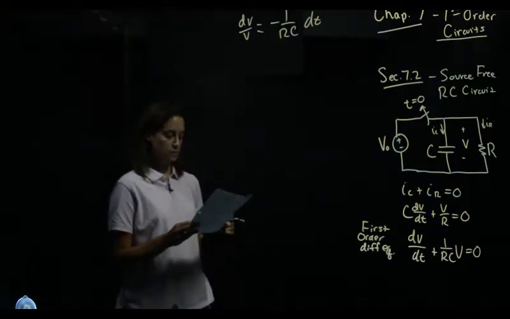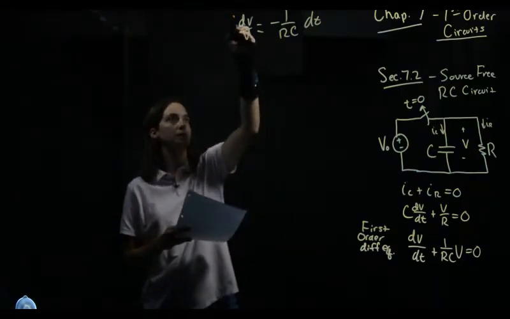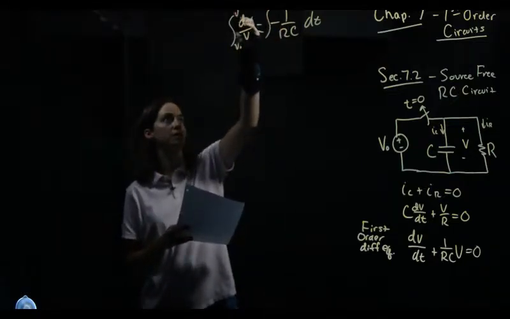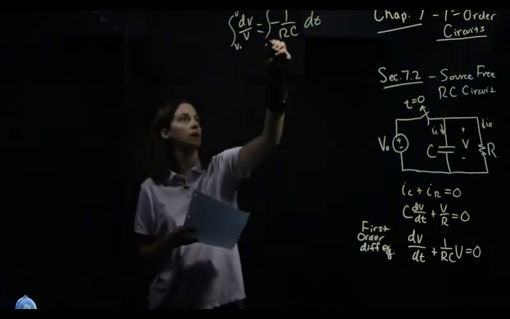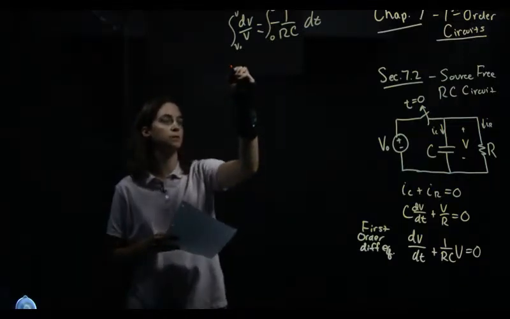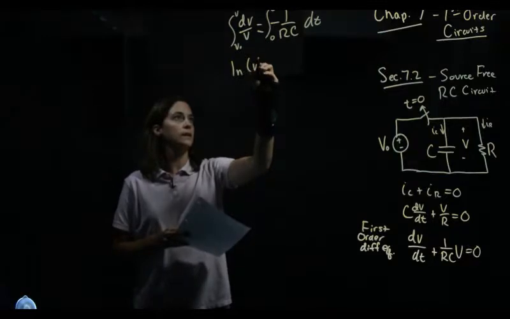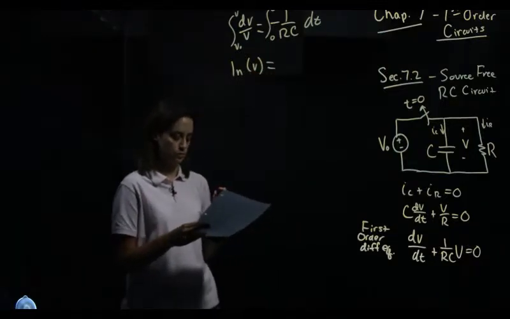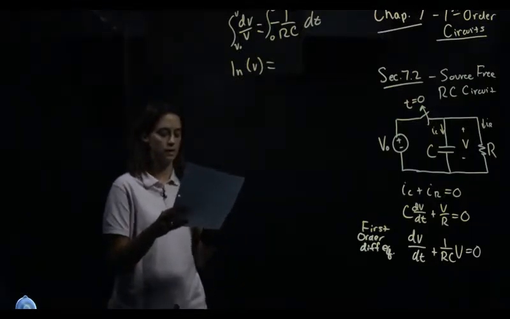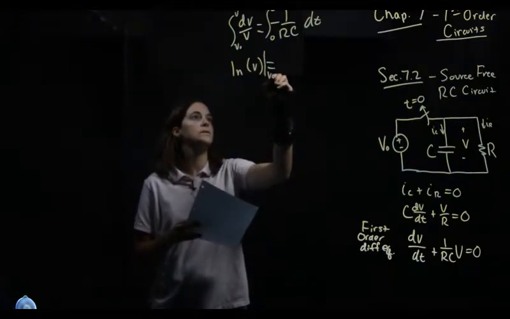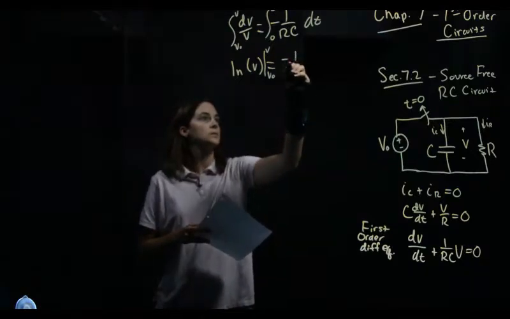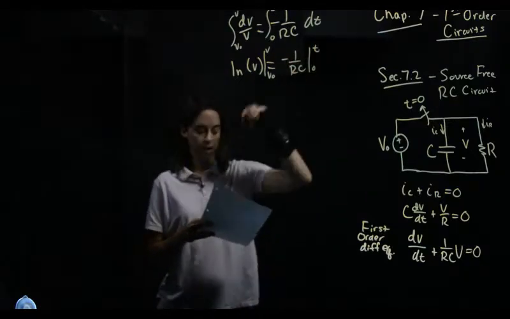So again, I haven't done anything but rearrange. Take the integral of both sides. So integrate. And I want to integrate from some initial voltage to some final voltage, and from 0 to time t. You get ln of V evaluated from V0 to V, and for the right side, we get minus 1 over RC from 0 to t.